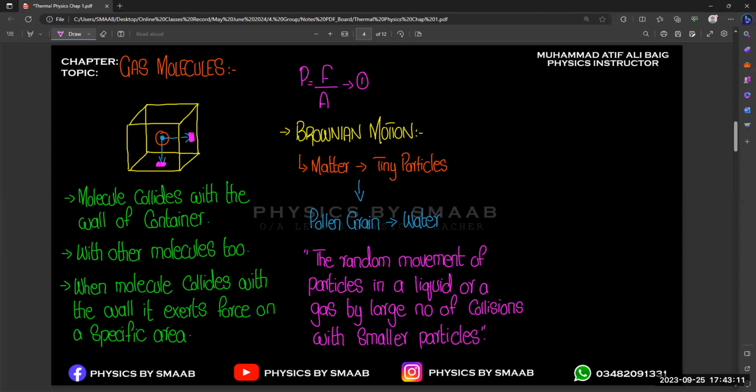So this is the concept of Brownian motion, right?